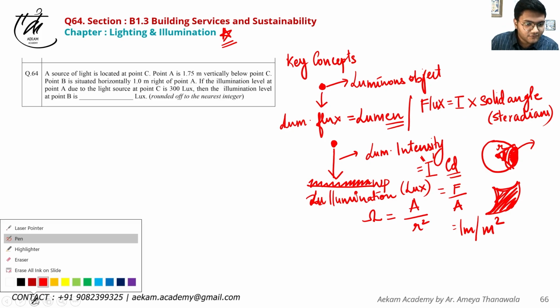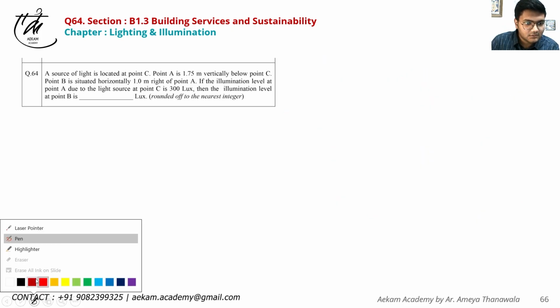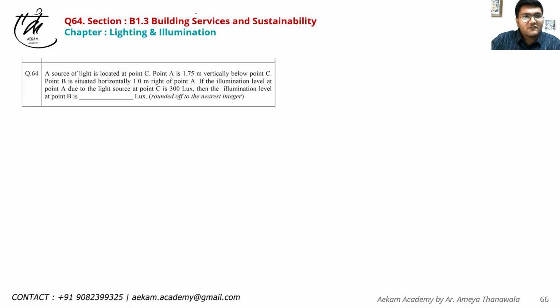Let's now try and solve the question which is given here. A source of light located at point C. Again, we have to visualize this question. So a source of light is located at point C. Let this be the point that is a source of light.